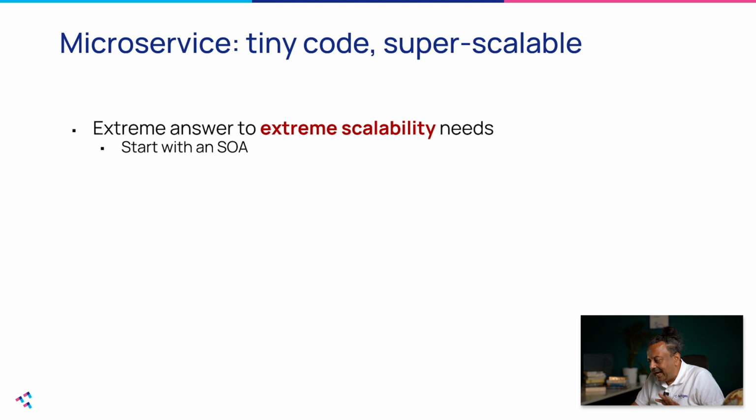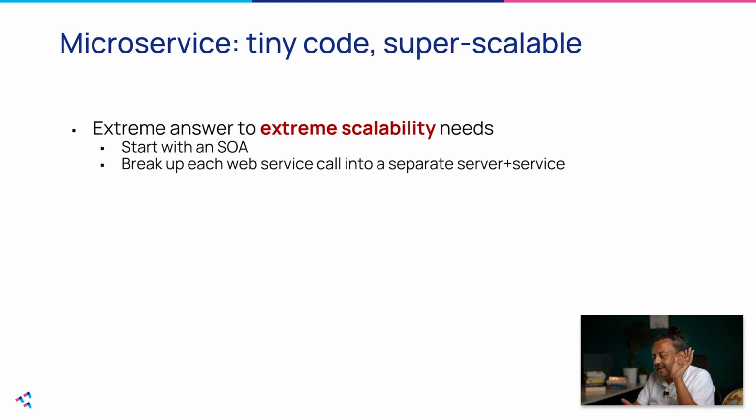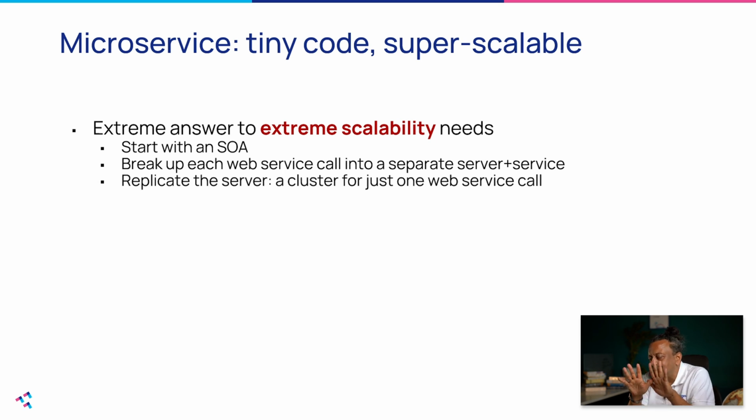So you start with that in your mind, break up each web service call into a separate server, make it a separate service. Each web service call. Replicate the server if required, if you have requirements for a lot of throughput. So you can actually build a cluster of half a dozen servers for one web service call, okay?